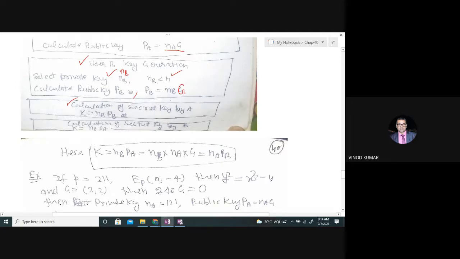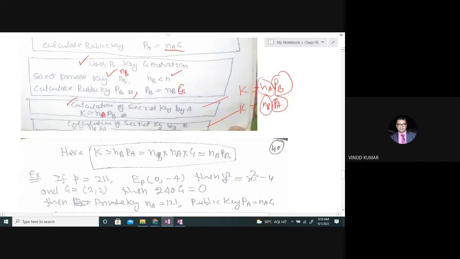Calculating the secret key by B: K equals nB into PA. This is the public key of B, this is the public key of A, this is the private key of A, and this is the private key of B.